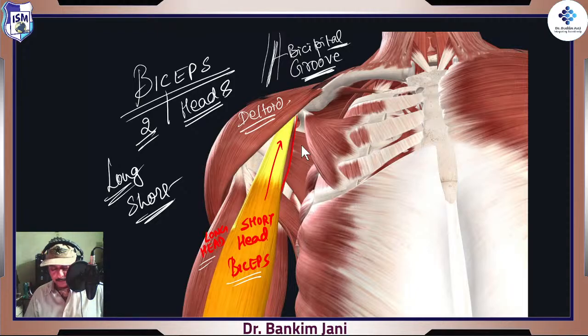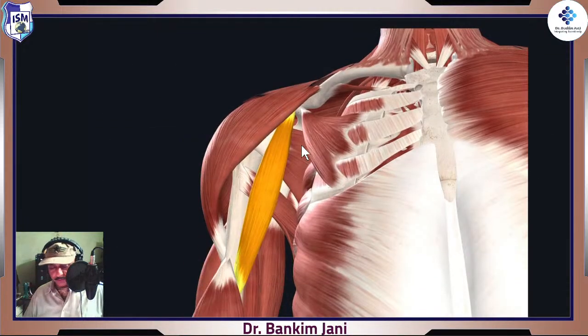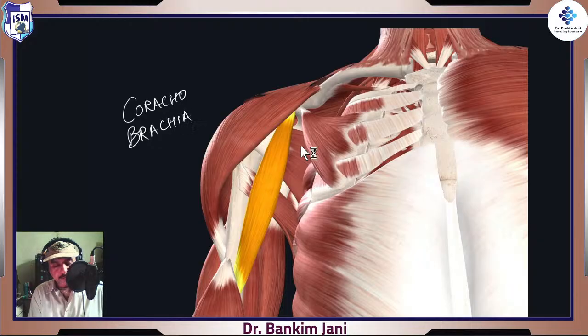Okay. So if we just remove the short head of biceps, we just put a cut and remove it. Now what you are watching, this one, is brachialis. Brachialis means this is arm.